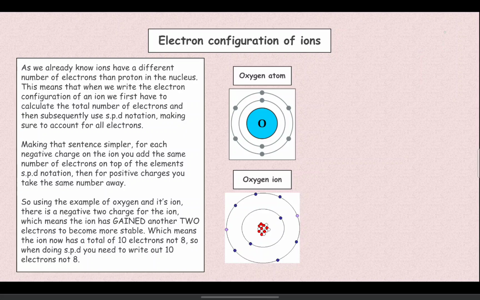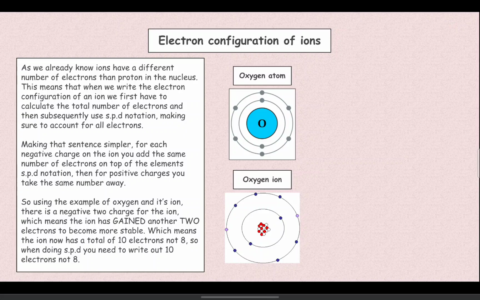It's just you've got to remember one additional thing. As we already know, ions have a different number of electrons than protons in the nucleus. This means that when we write the electron configuration of the ion, we first have to calculate the total number of electrons that the ion has, and then subsequently use the s.p.d notation, making sure to account for the electrons we've counted.